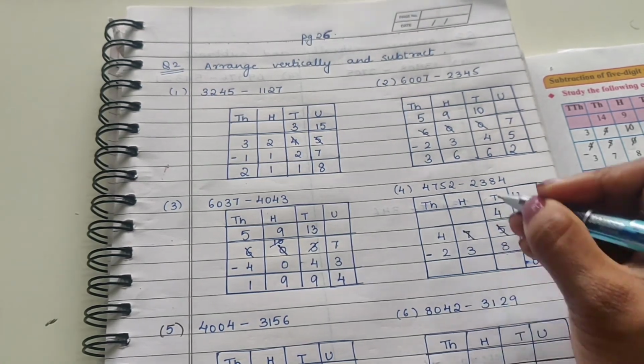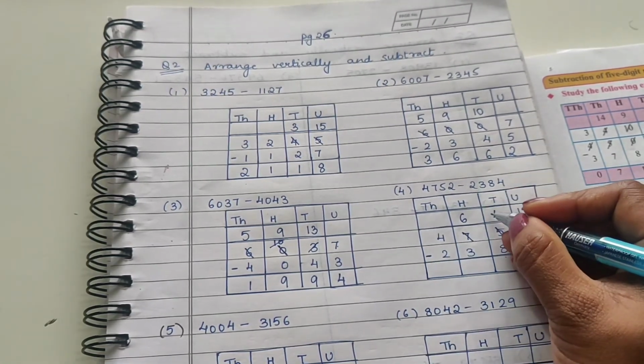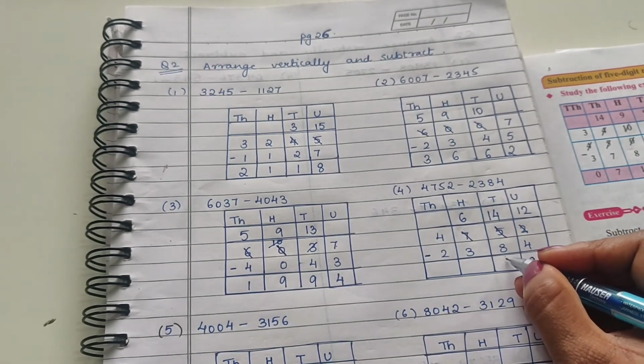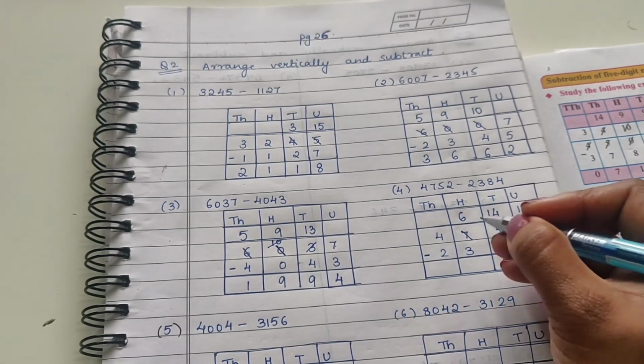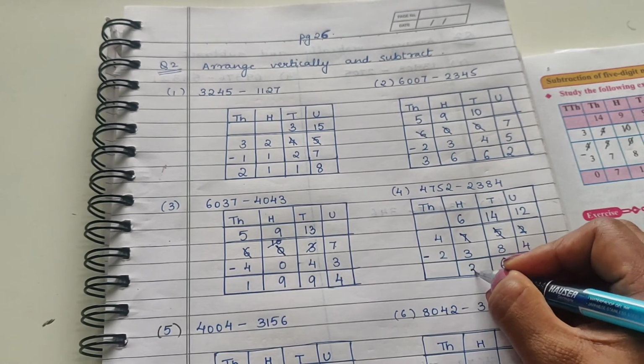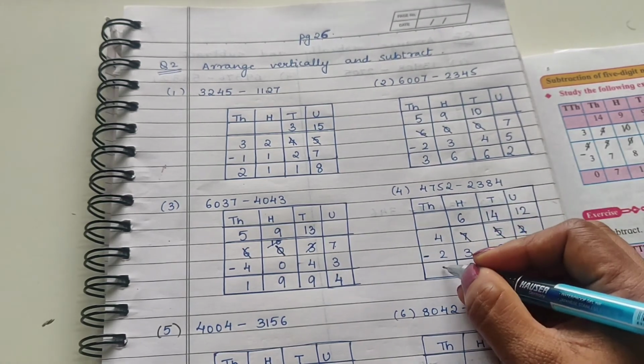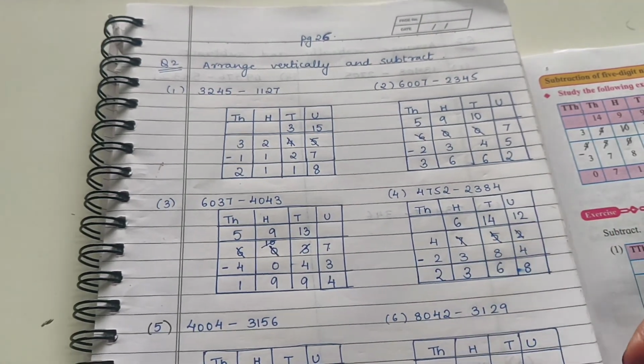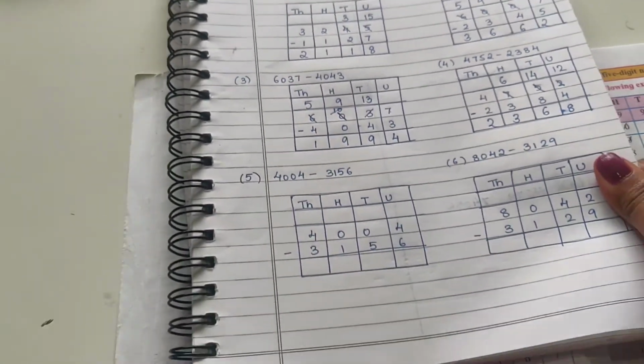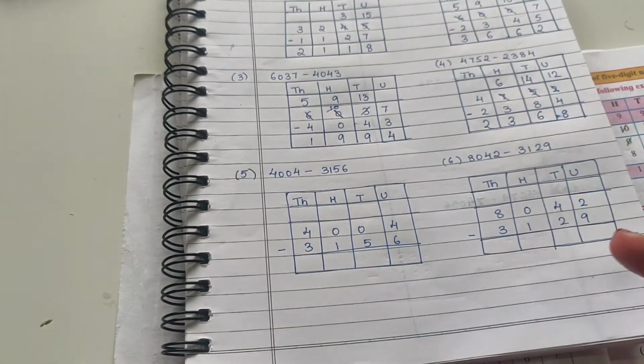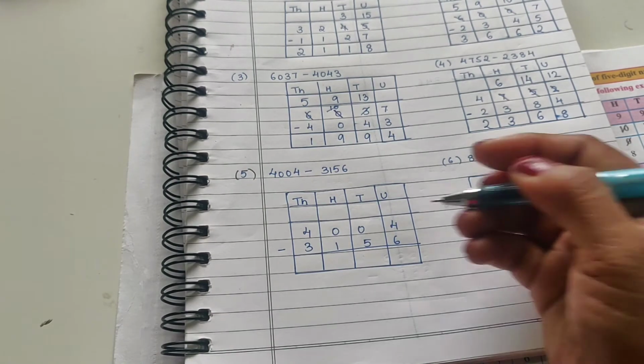So borrow from its neighbor. This will become 14. 14 minus 8 is 6. 6 minus 3 is 3. 4 minus 2 is 2. Okay, children? I am solving 2 more sums for you. Then you are going to solve all the sums by yourself.